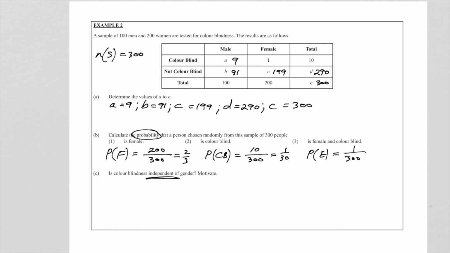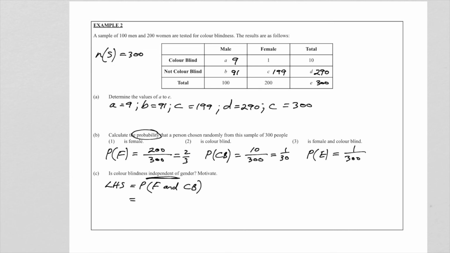That is 300. So I'm going to go for the left-hand side. It's equal to the probability of female, and I'm going to use F for female, and colorblind, and I'm going to use CB for colorblind.